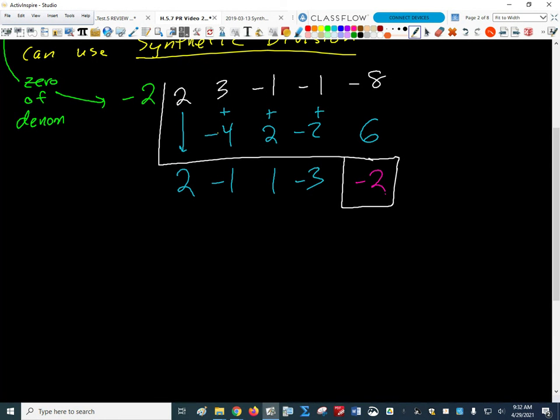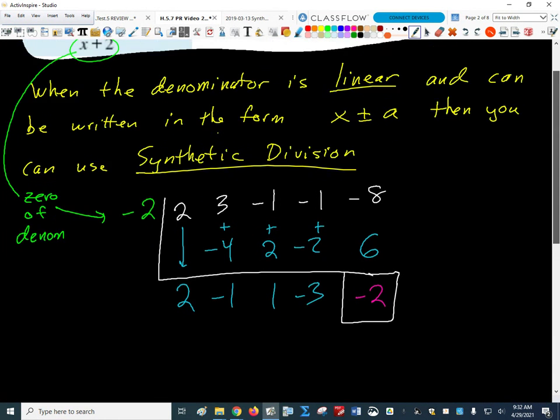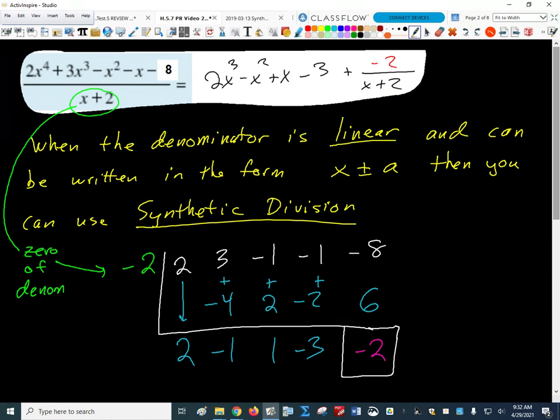Okay, do those numbers look familiar to you at all? How about that? Those are the coefficients of the answer. How cool is that? So you see the connection?